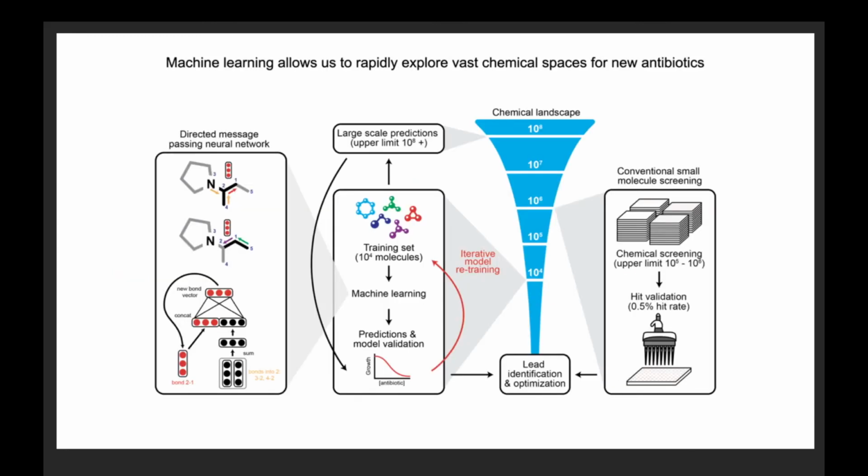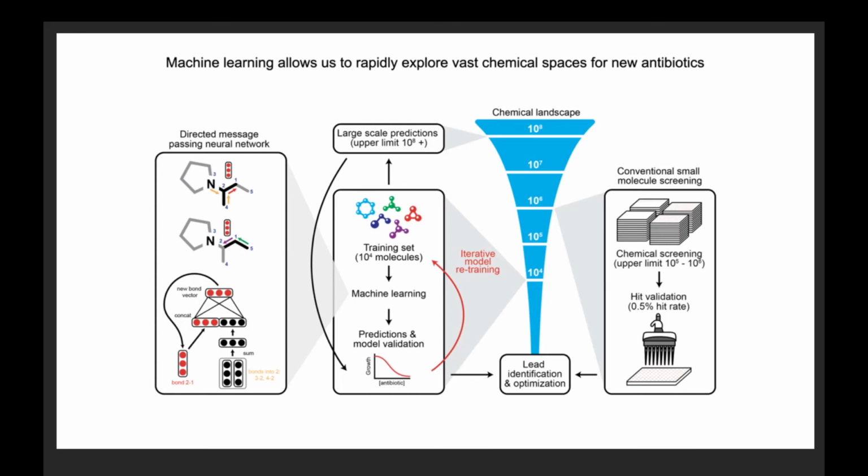So with this history in mind, our team in Jim Collins' lab, as well as the team who developed ChemProp in Regina Barzilai's lab, both at MIT, we wondered if we could leverage ML approaches to help us discover new structural and functional classes of antibiotics.